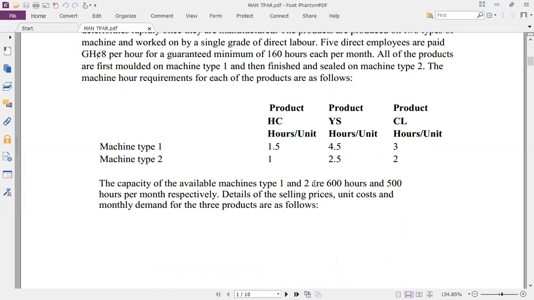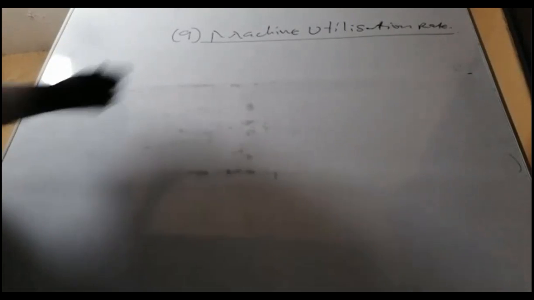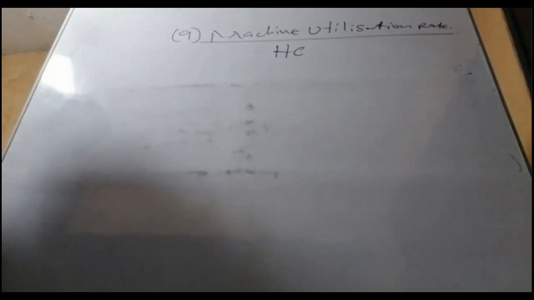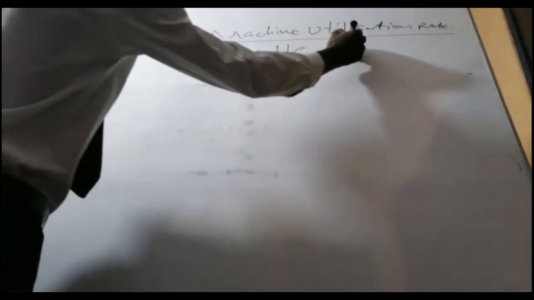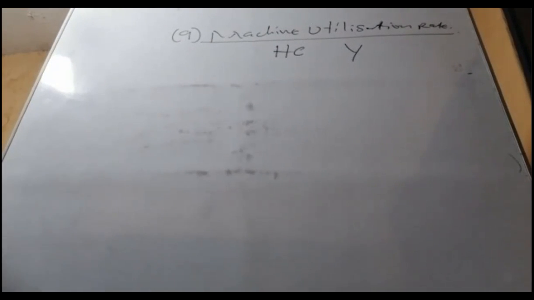Now we know the products HC, YS, and CL. So now let's go to the board. We will start with the product HC, then YS. I have to create enough space for the other section because they're looking for two items there.